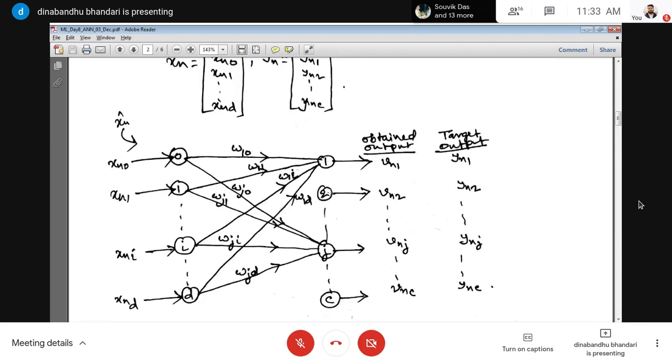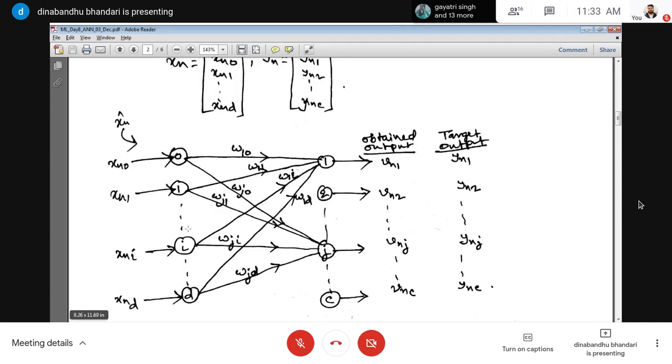The second will also receive inputs from these input nodes. The jth node also will receive, the cth node also receives. I didn't draw all the connections, otherwise it would become very clumsy. I just demonstrated here 1 and j. Okay, jth node, this is the generalized one. That means each node in the output layer will be connected to all the nodes in the input layer.